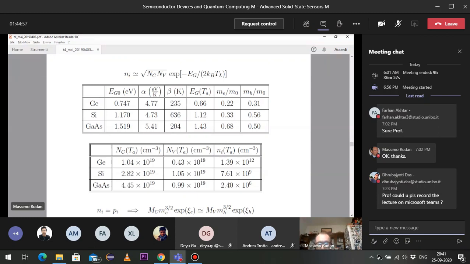Gallium arsenide would be better, but gallium arsenide, as we noticed earlier, is a compound semiconductor, so the technology is much more complicated.